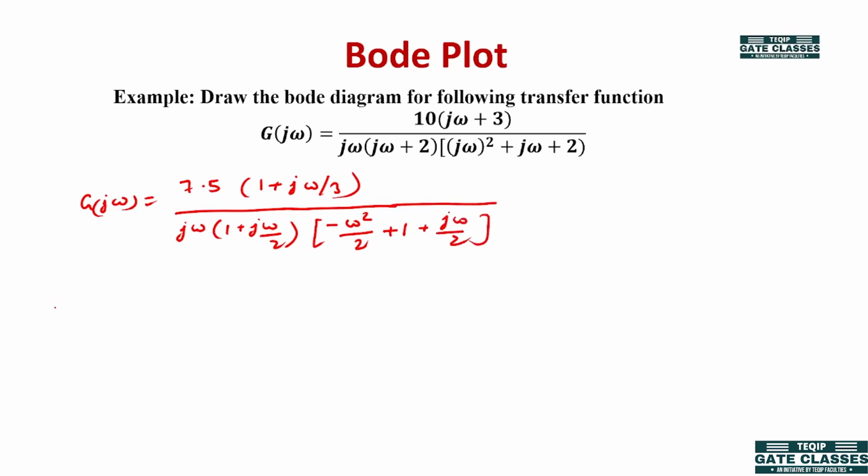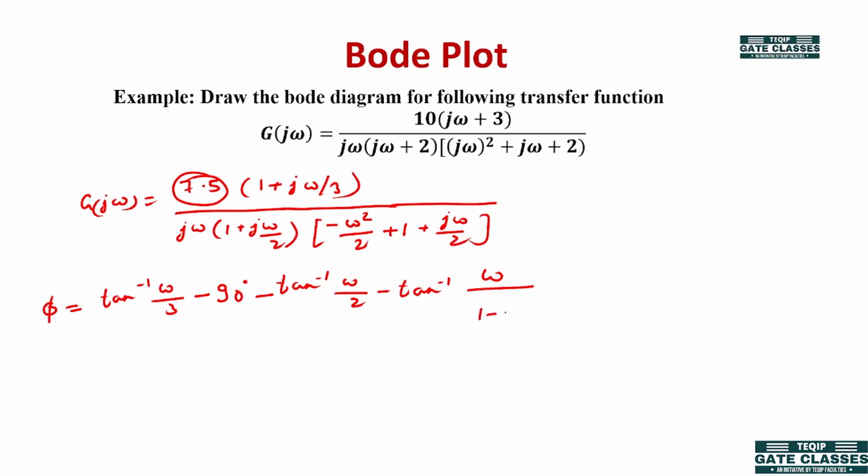Okay, so if we write the phase angle, this will contribute 0 degrees, this will contribute tan inverse omega by 3, minus this will contribute a constant minus 90 degrees, minus tan inverse omega by 2, minus tan inverse of omega upon 2 minus omega square.